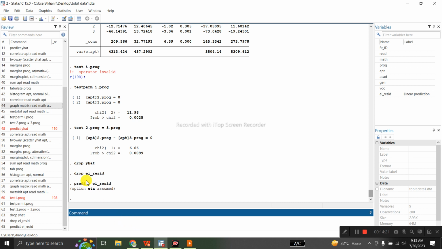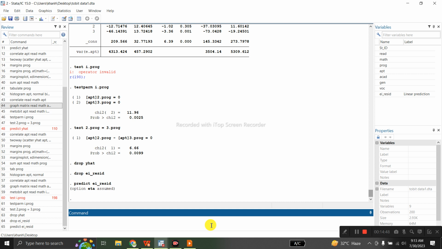So by giving this command, I predicted or created this variable which is equal to the y hat, that is the estimated value of y hat, and that is equal to the residual, that is the difference between the observed y and the estimated y, or the predicted y.